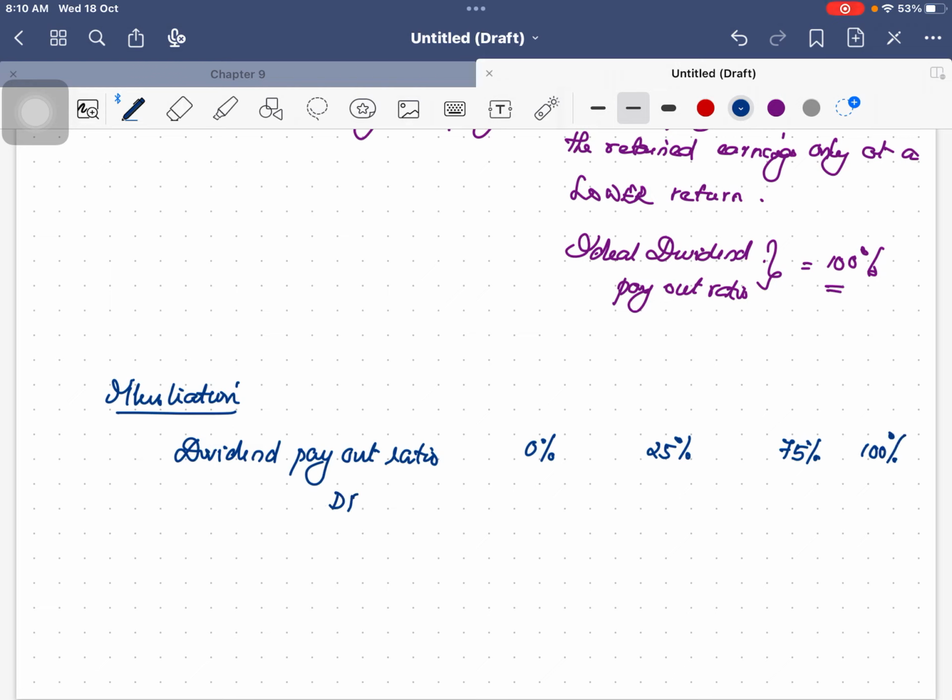EPS is 10 in all the cases: 10, 10, 10, 10. DPS here is 0, here it is 2.5, here it is 7.5, here it is 10.